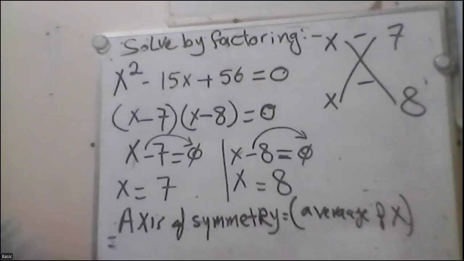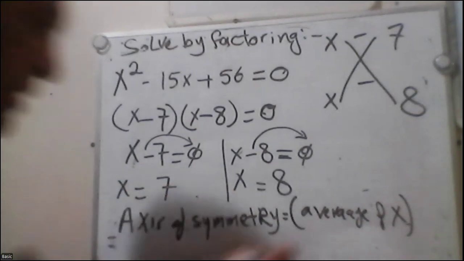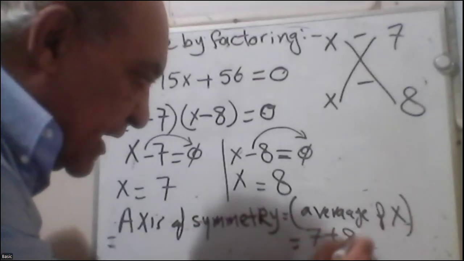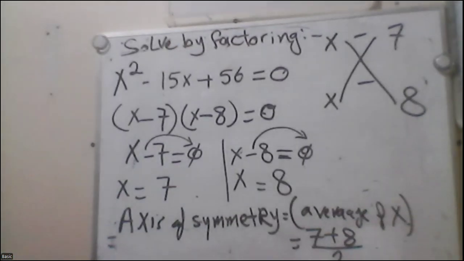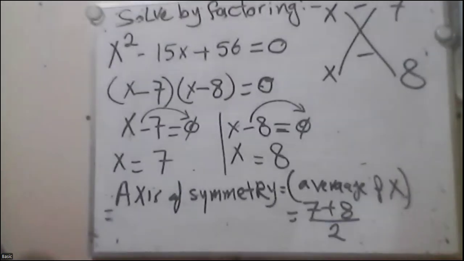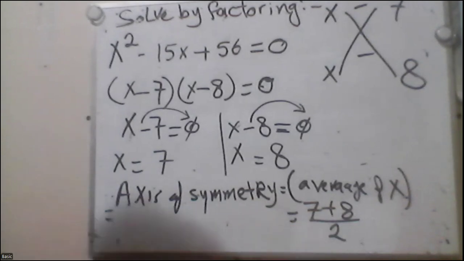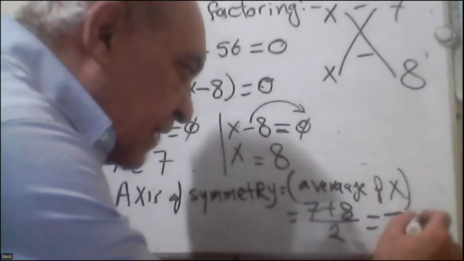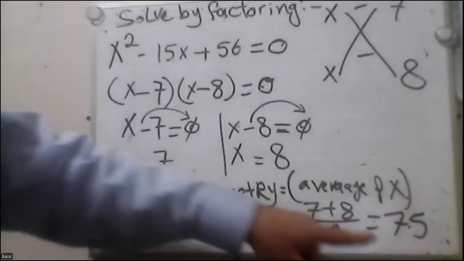So 7 plus 8 divided by 2 will give me 7.5. So the axis of symmetry will be 7.5 here.